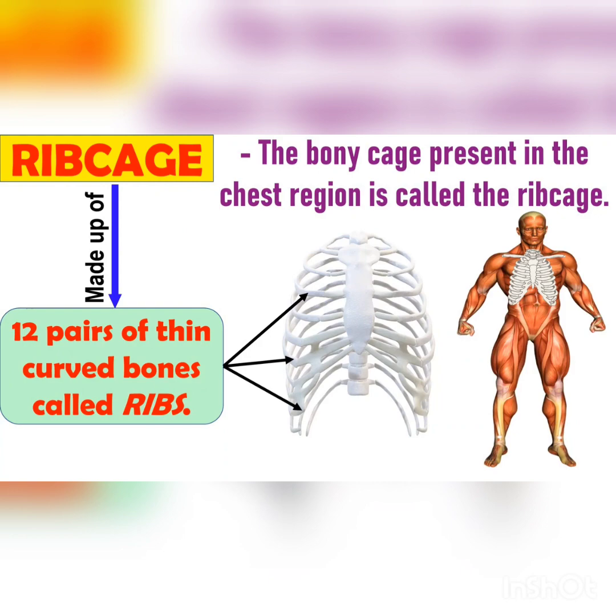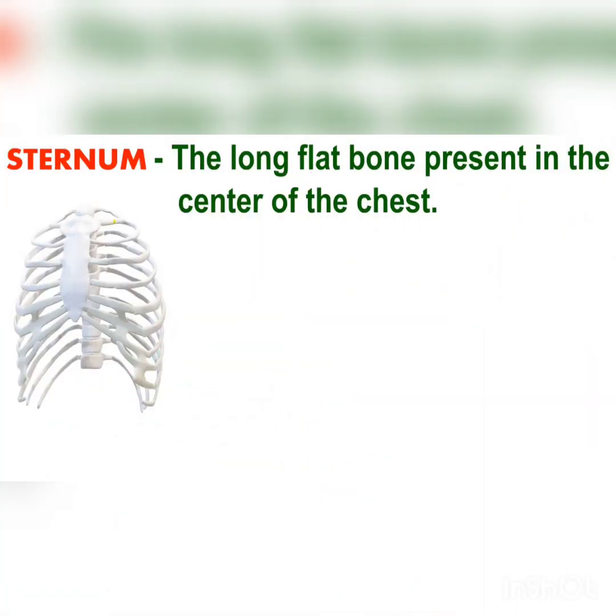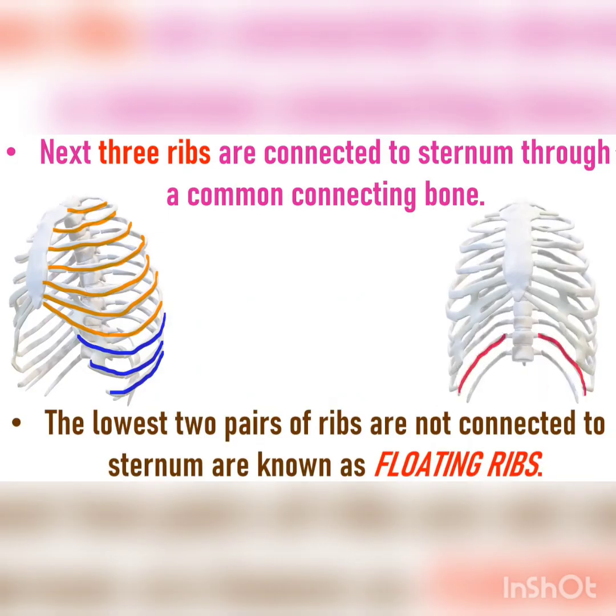And these 24 ribs are attached to a long and flat bone in the center of the chest, known as sternum. The first 10 pairs of ribs are attached to the sternum, but the last two pairs are not attached to the sternum, so they are called floating ribs.